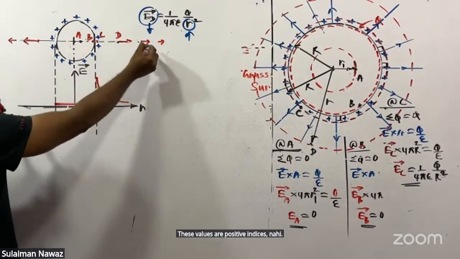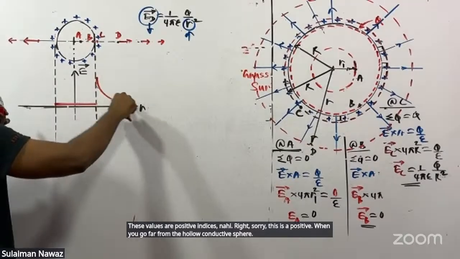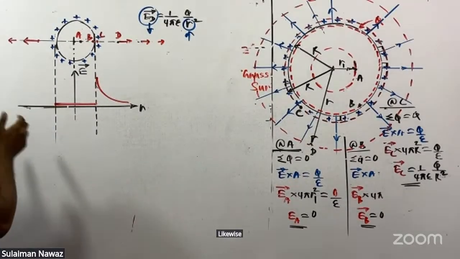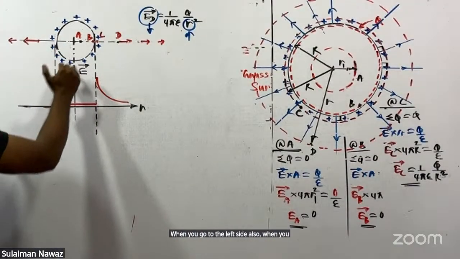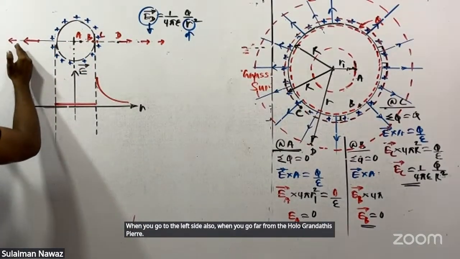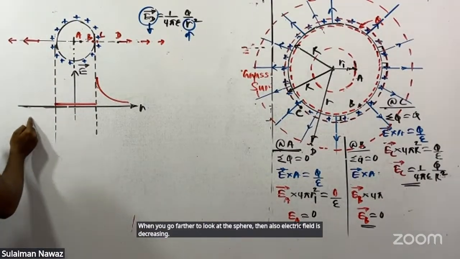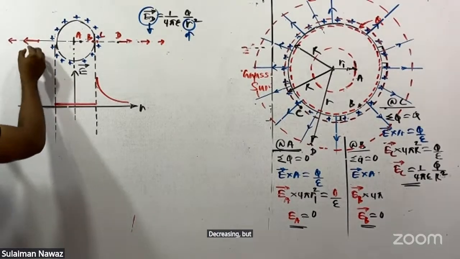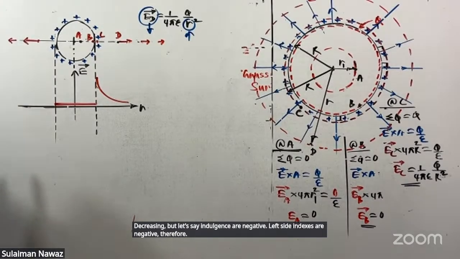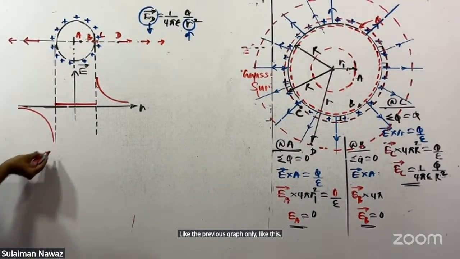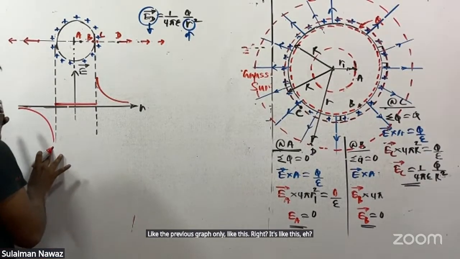When you go far from the hollow conductive sphere, intensity is decreasing. Likewise, when you go to the left side and go far from the sphere, electric field intensity is also decreasing, but left side intensity is negative. Therefore, like the previous graph only, like this.